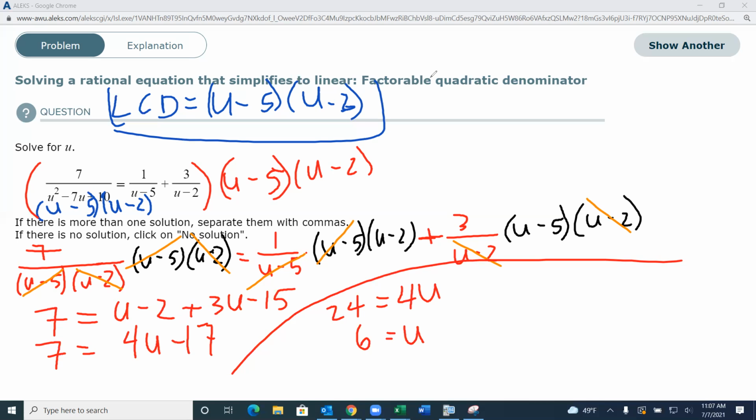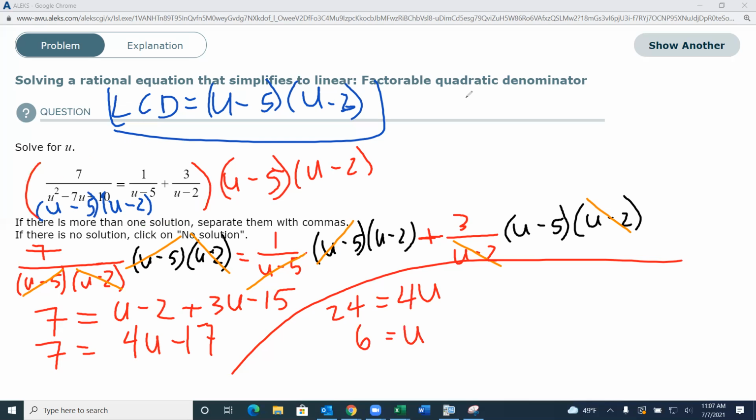Okay, now, that's something I should have mentioned on the last couple, but I didn't. I just wanted to focus on the process. But anytime you have an equation with variables in the denominator, you have to check your answer.